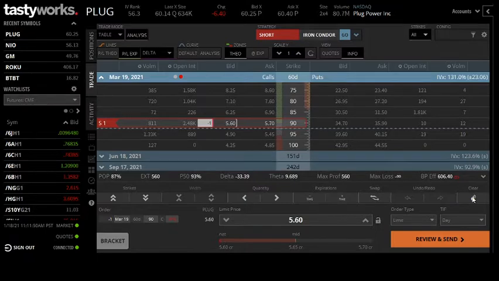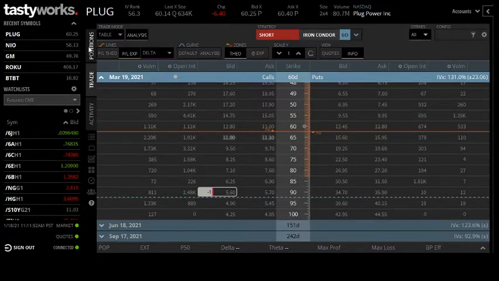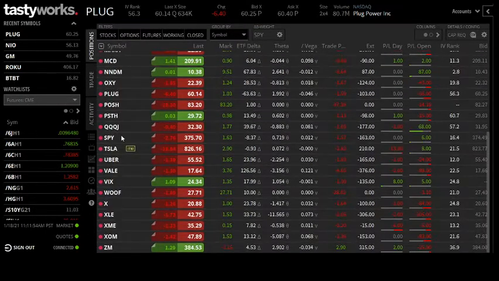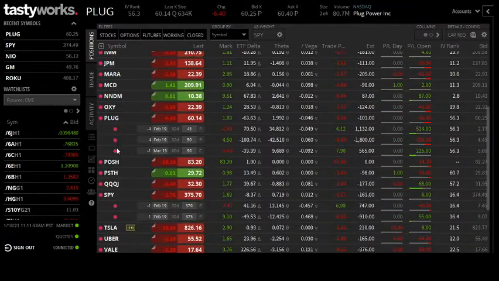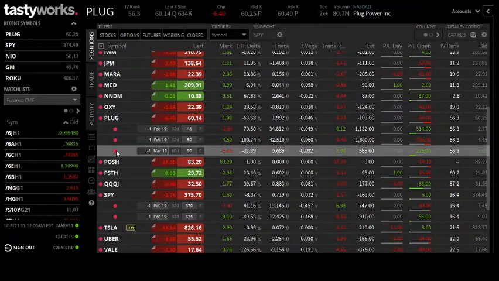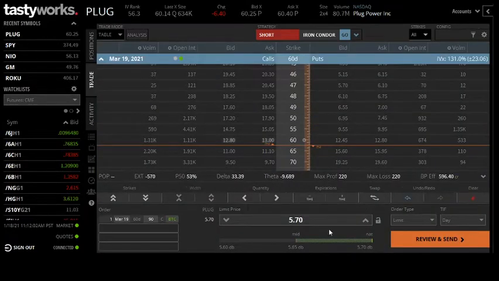So if I were to close this right now, I have $225 profit in this already. I collected $700 credit. You have to let that credit you collect decay.